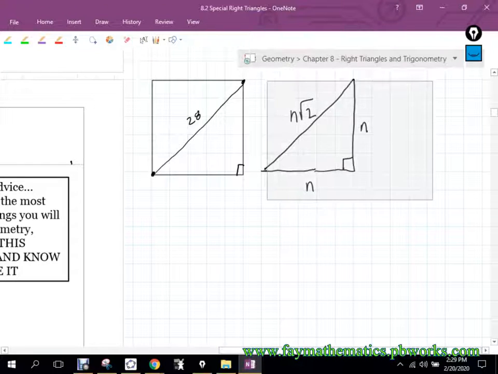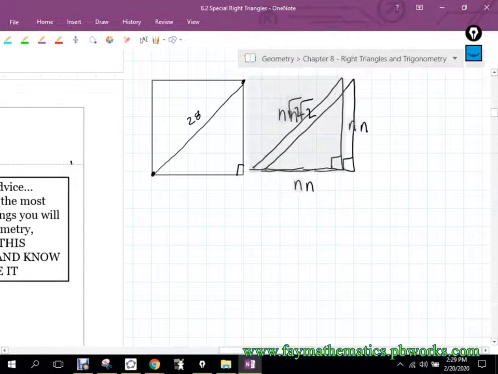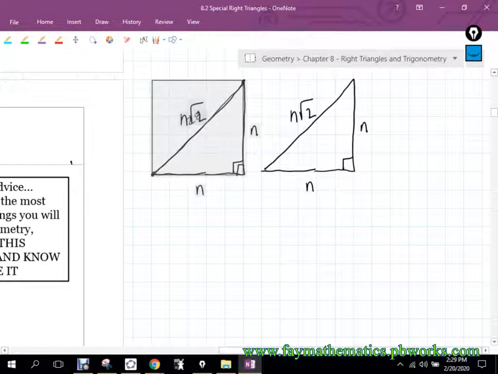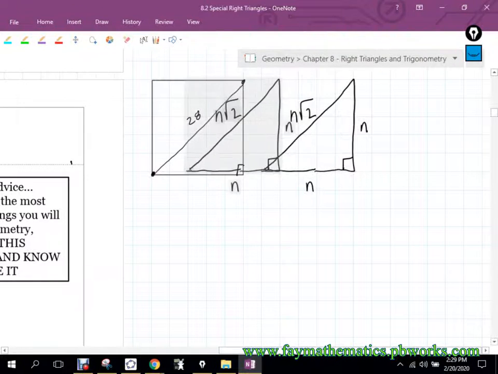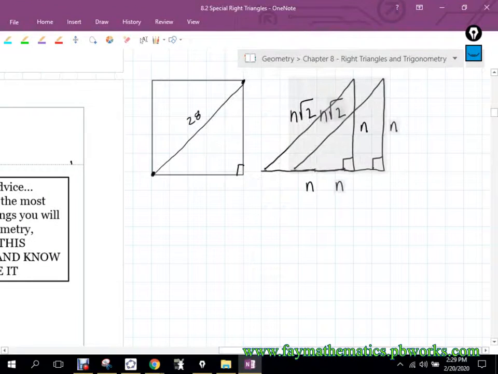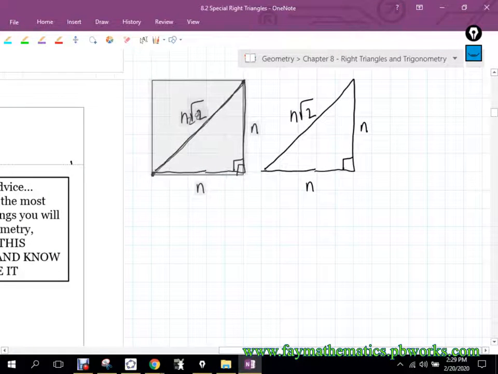Okay? So if I were to take that and draw it so that it was congruent to the one on the plate, right? They match up, correct? Can you see that the n radical 2 matches to the 28, right?